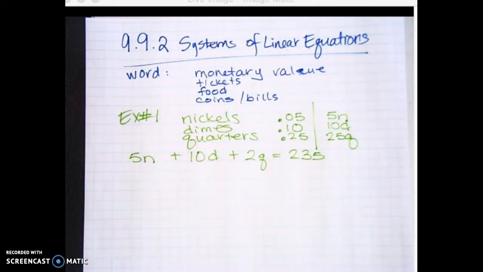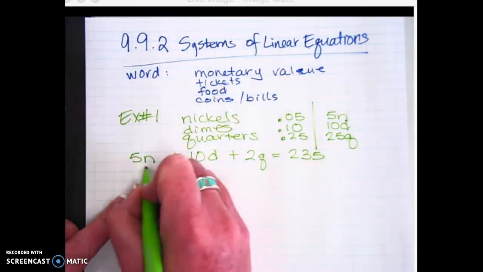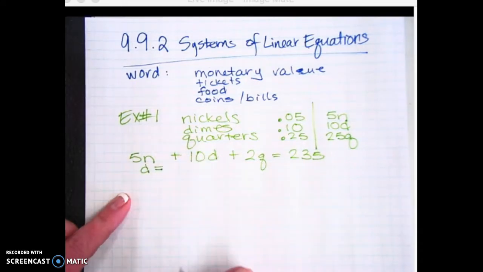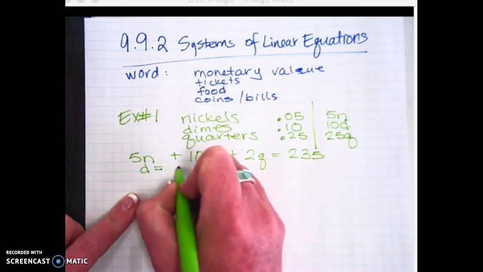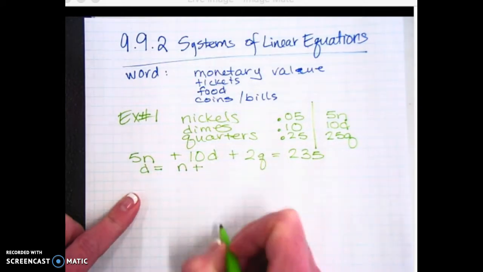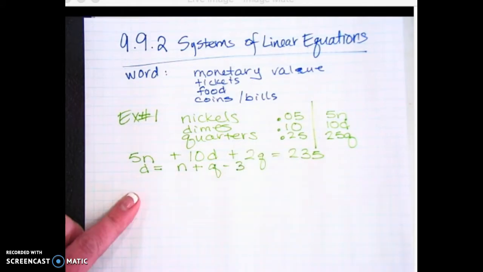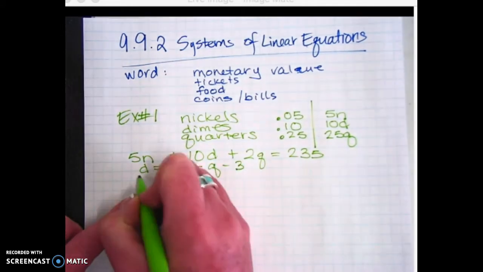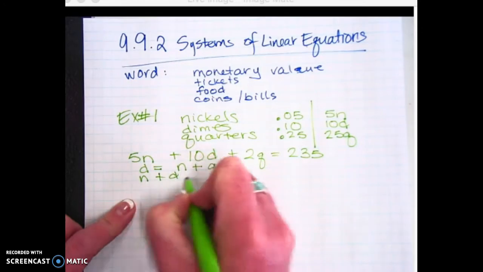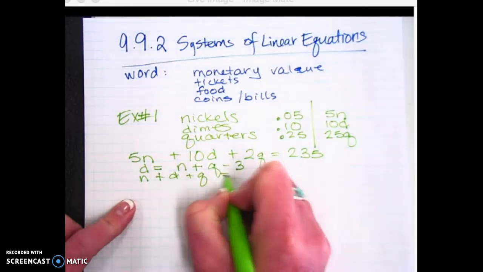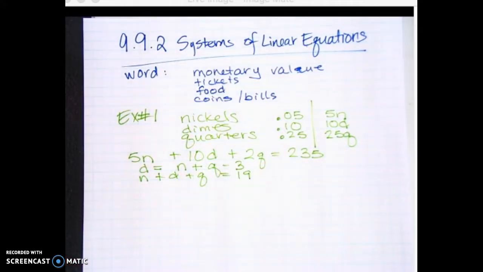It's like just skipping a step, already having multiplied by 100. Does that make sense? And then it might say the number of dimes is equal to the number of nickels plus quarters minus 3. And nickels, dimes, and quarters is 19. This is just an example.